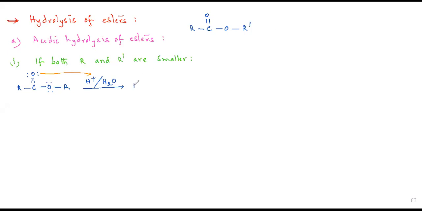Okay. Now R, C, the double bond with a pair of electrons, then this H, O, yes, of course, this is R dash.